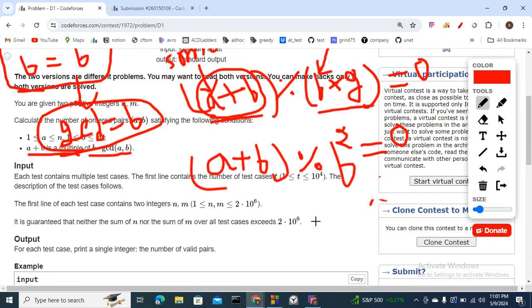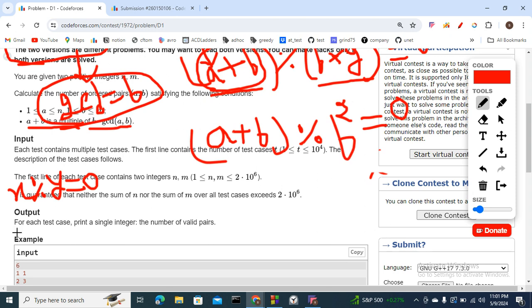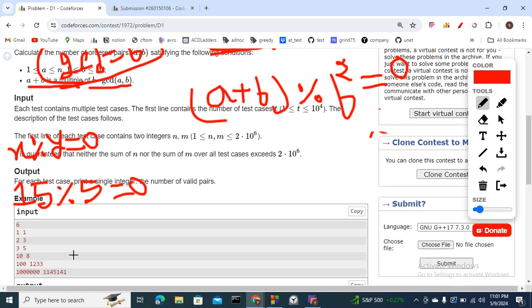Now, as x mod y equals 0, for simplicity, consider x to be 15 and y to be 5. What does it mean?